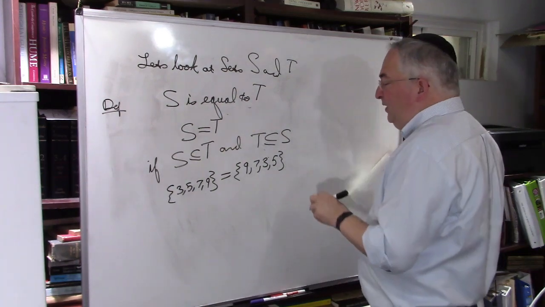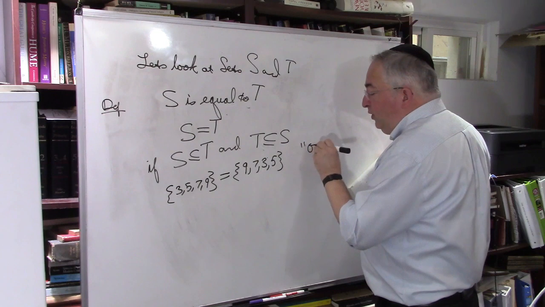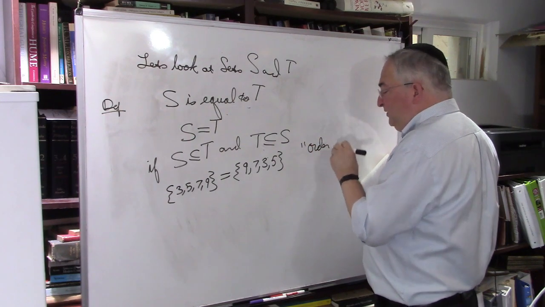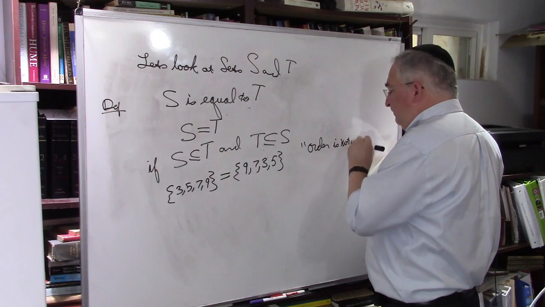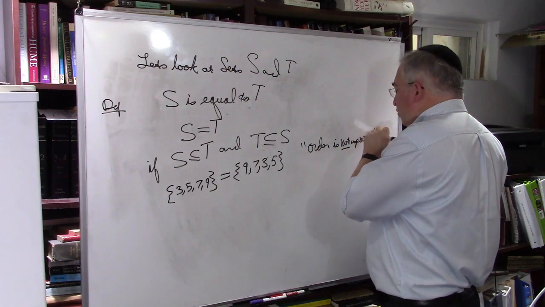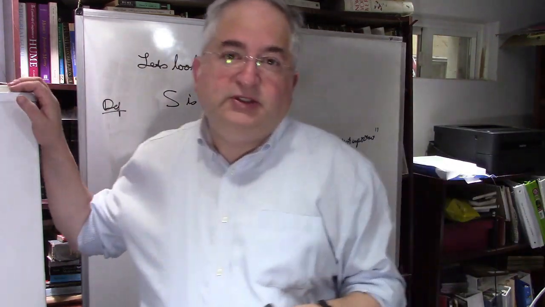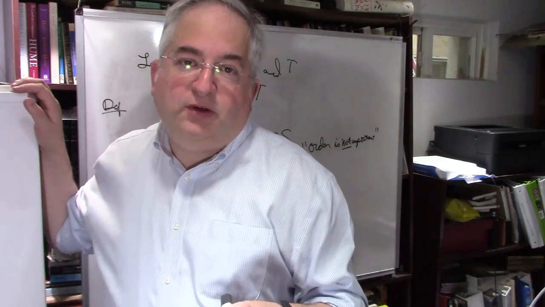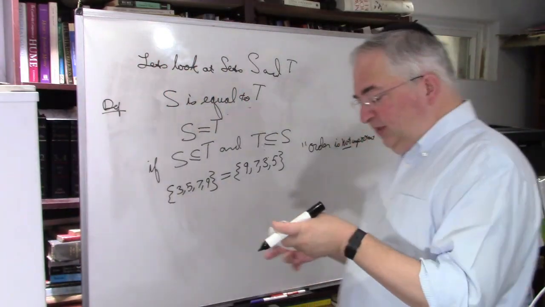What we get from this is that when we talk about sets, the order of the elements is not important. We don't care about the order of the elements. Later on we'll talk about sequences. By sequences we do care about the order of the elements, but by a set we don't care about the order of the elements. Okay?